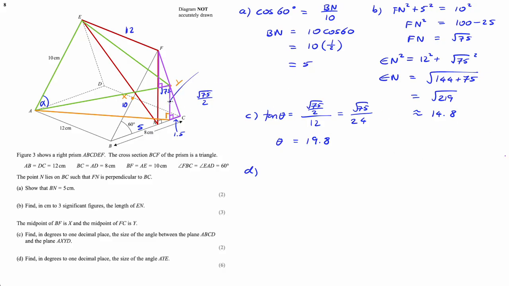This length here is root 75 over 2. Okay, well, hang on, I have it here. That was root 75 over 2, but this is the same one. So this is also root 75 over 2.